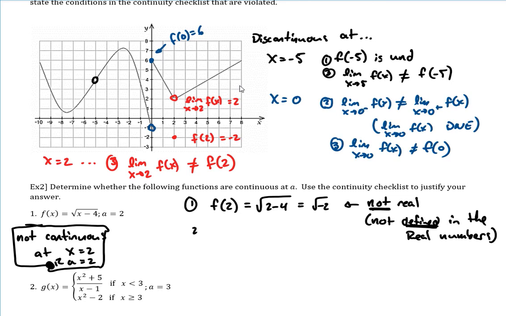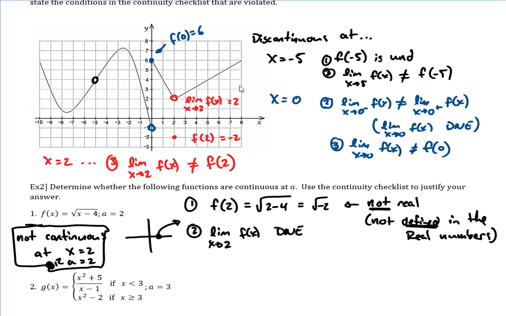Well, the limit is also not going to exist. So the limit as x goes to 2 of f of x does not exist either. For one reason, you could graph this. I'm not going to use a calculator. I'm just going to go ahead and graph a real quick one. It would look something like this.